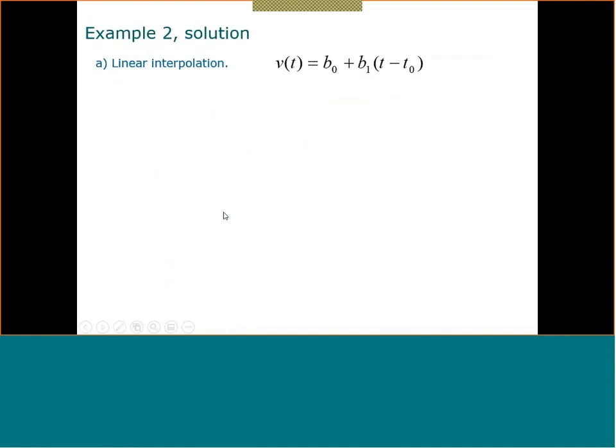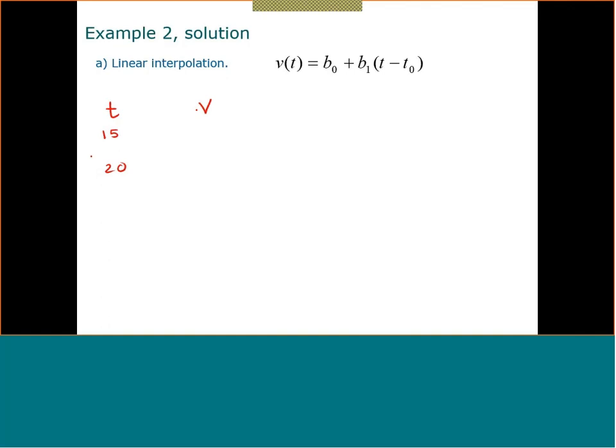Okay, so first you have to write down the general format. This is the general format: V of t equal to b0 plus b1 times (t minus t0). So I will write down here the t, and here the v. Here we have t0 and t1. T0 is 15, T1 is 20. Why?